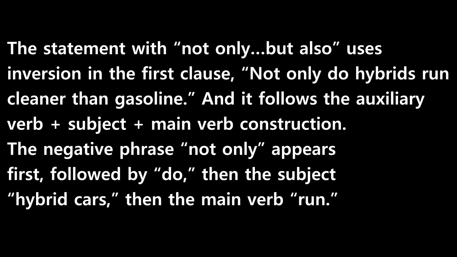The statement with not only but also uses inversion in the first clause, not only do hybrids run cleaner than gasoline, and it follows the auxiliary verb plus subject plus main verb construction. The negative phrase not only appears first, followed by do, then the subject hybrid cars, then the main verb run.